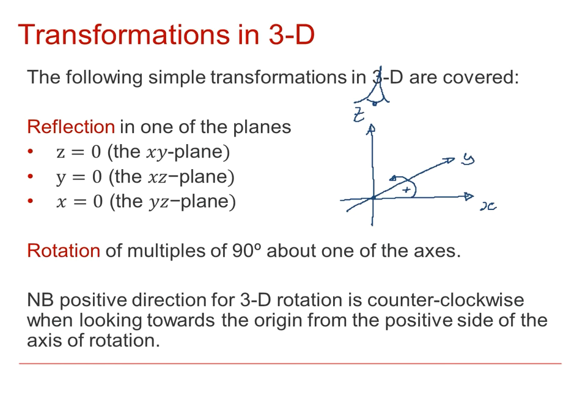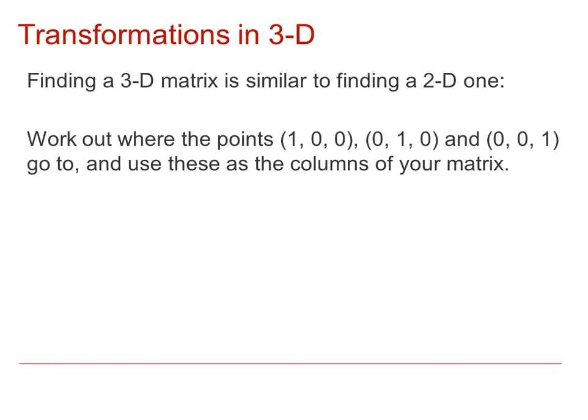Now when it comes to finding the matrices for these, we do it in a similar way to 2 dimensions. But this time we have the points in 3 dimensions, or the unit vectors i, j and k.